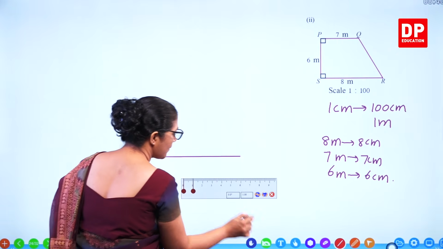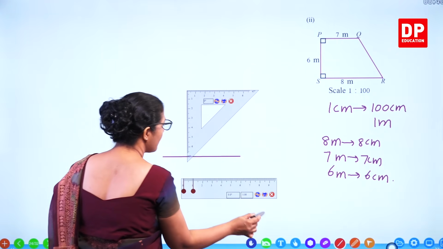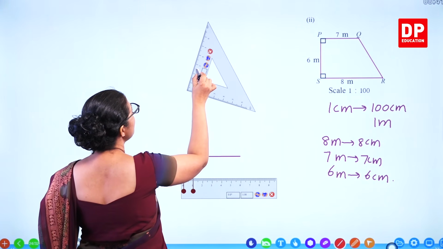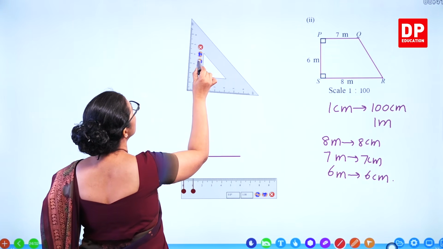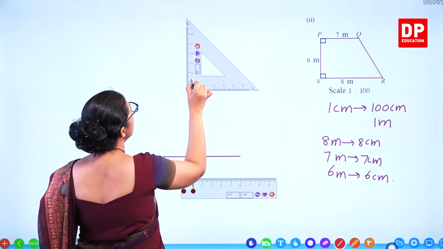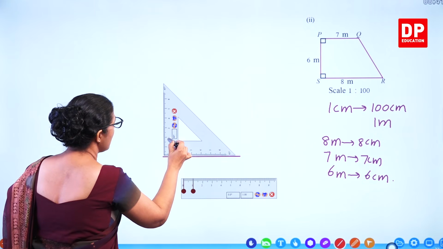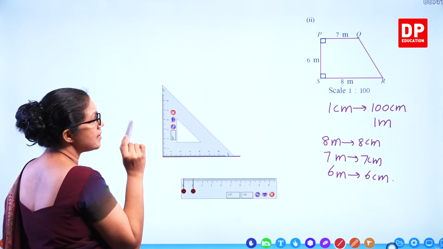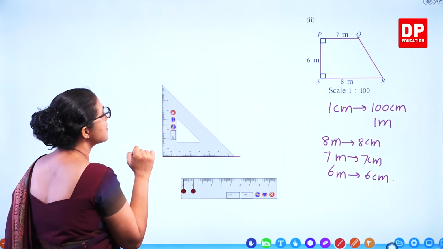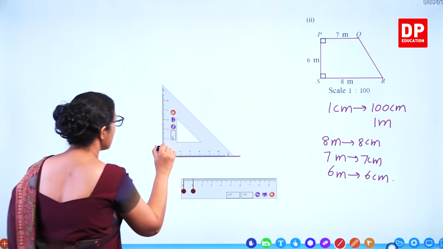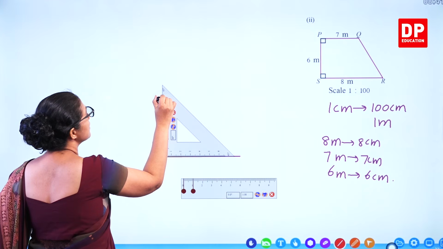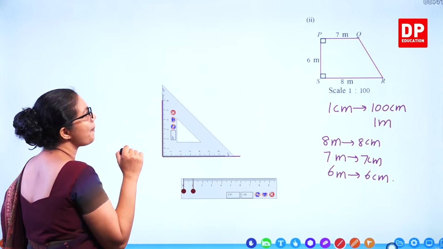Then you can take the set square and this is 90-degree angle, 6 centimeters. So here to here 6 centimeters, this point.